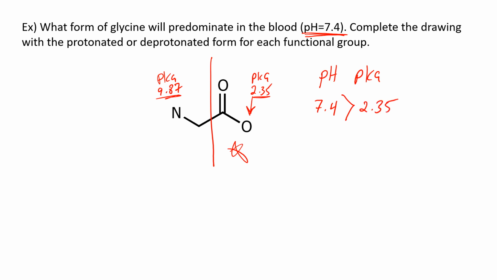So when the pH is greater than the pKa, the predominant form is going to be the deprotonated form. So we draw the oxygen with a negative charge.